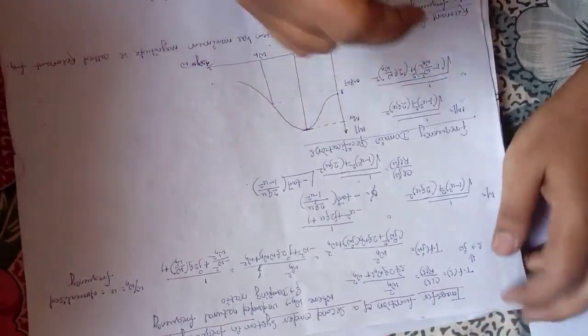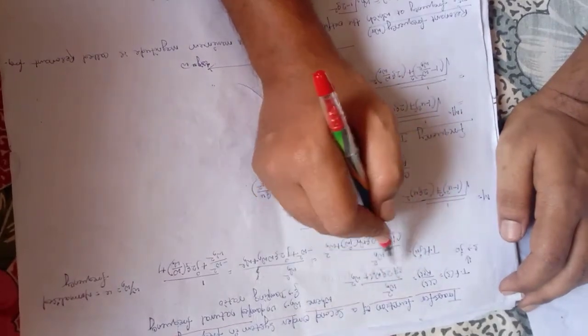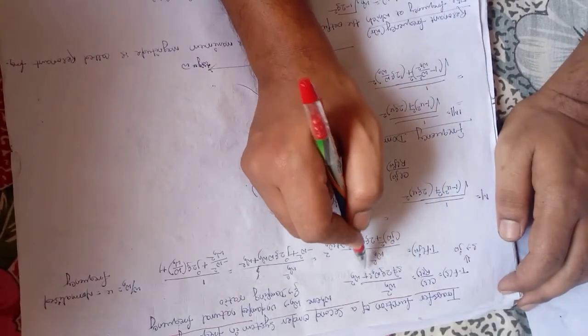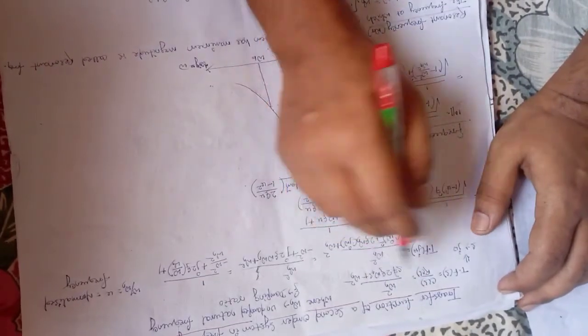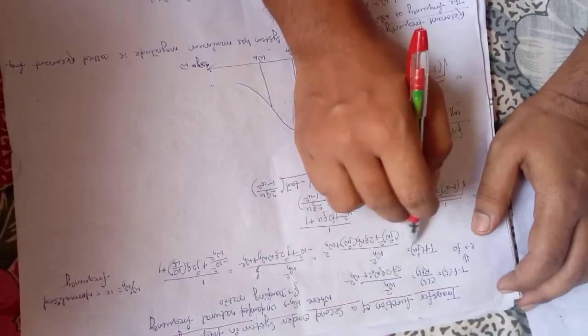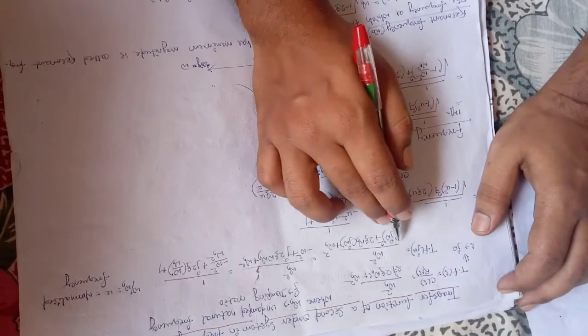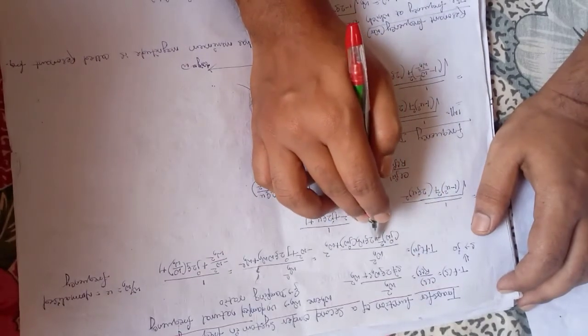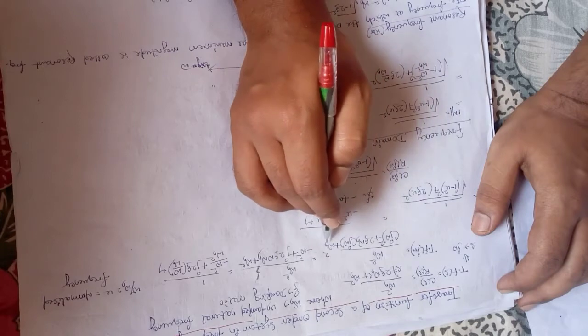As we know, the second order transfer function is omega n square divided by s square plus 2 zeta omega n s plus omega n square. So this is in s domain or Laplace domain. So the frequency domain transfer function will be simply s replaced by j omega. It will be omega n square divided by (j omega) whole square plus 2 zeta omega n into j omega plus omega n square.